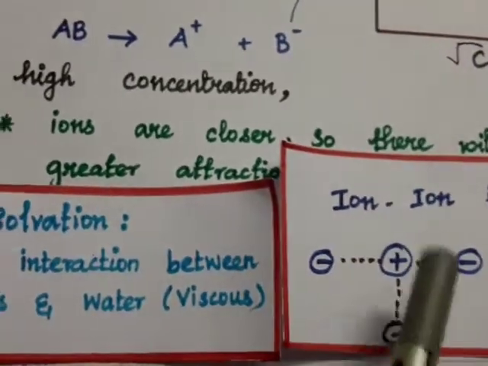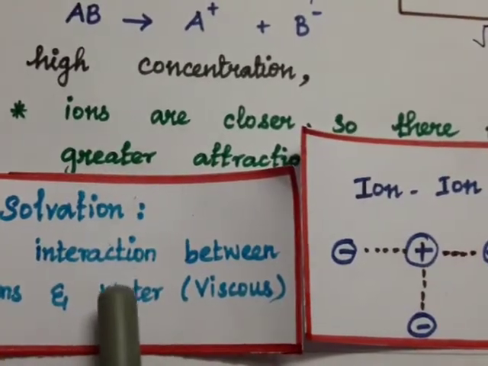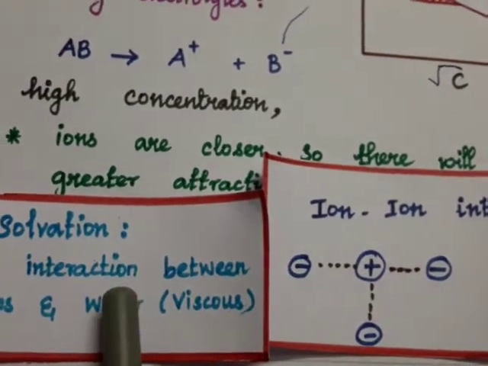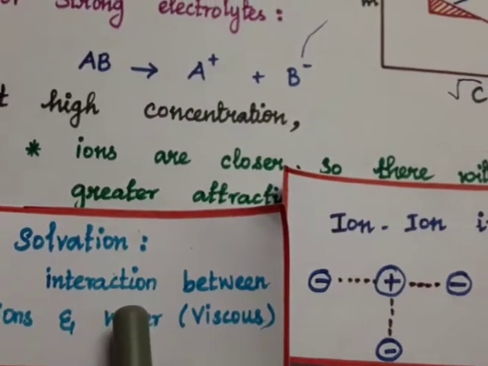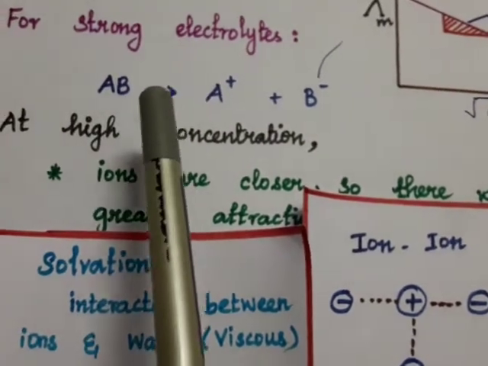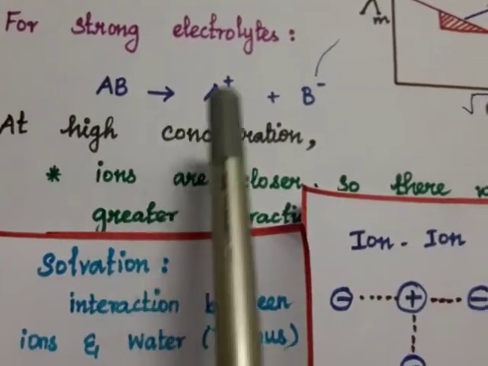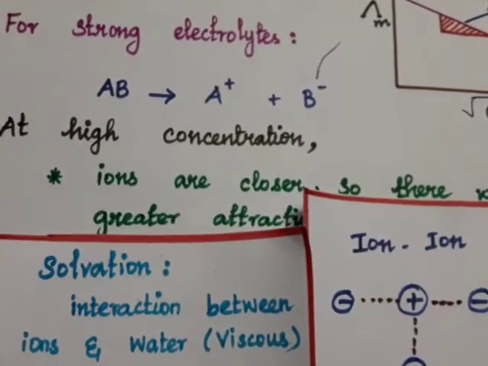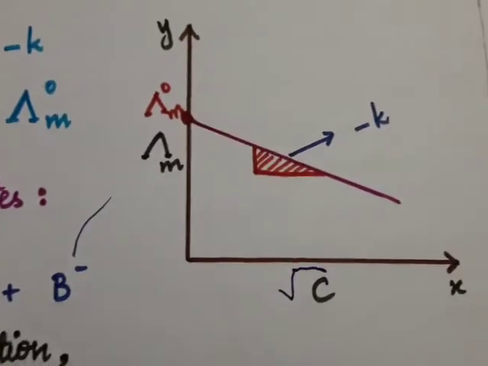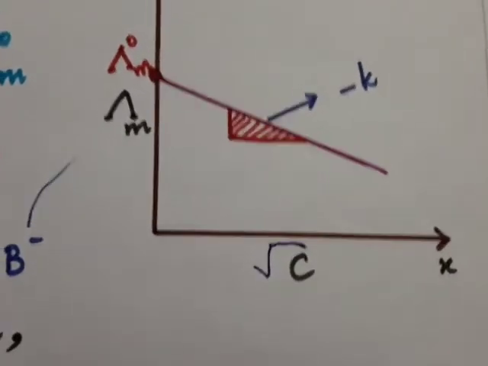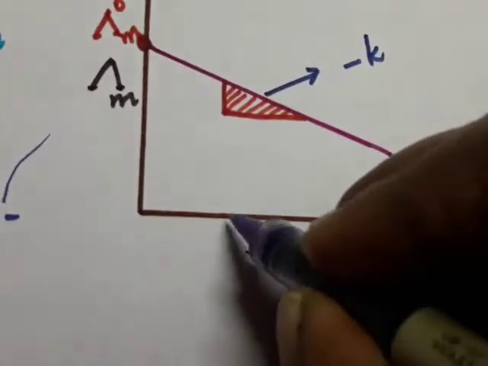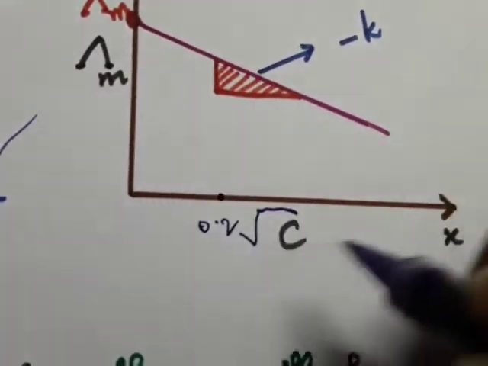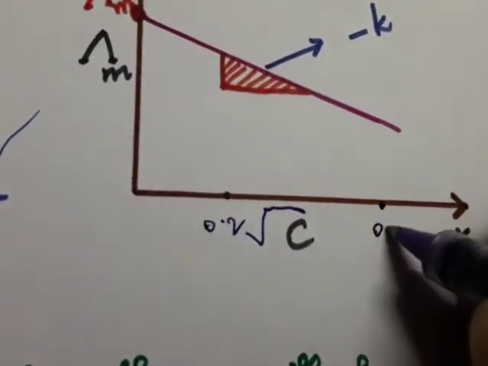So because of these two factors, the molar conductance will decrease at high concentration for the strong electrolytes. That you can see in the diagram, right? So if the concentration is high, here we have 0.2 and here we have 0.4.